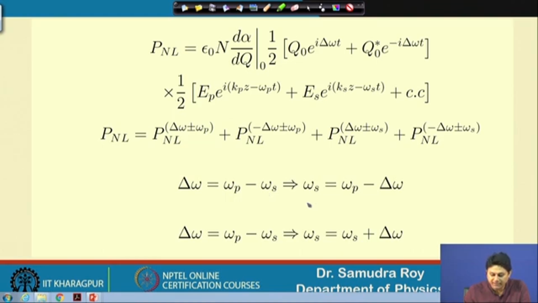So, omega s is omega p minus delta omega. When we have omega p minus delta omega, you can see this frequency is sitting somewhere here, omega p minus delta omega. So, P NL at omega p minus delta omega is sitting here. So, I can write that this term will contain one frequency omega s.